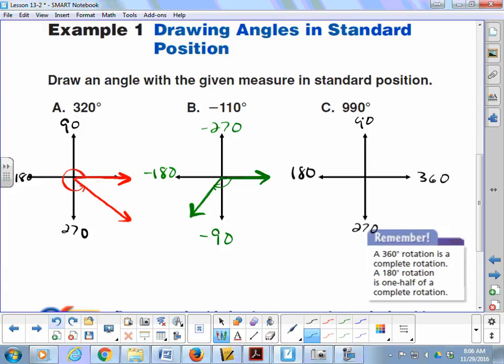So if I go around again, where am I at? If I go around one more time, that would be 720 degrees, right? Okay, so we've gone around once, gone around twice, okay, and then what would be 3 times around?